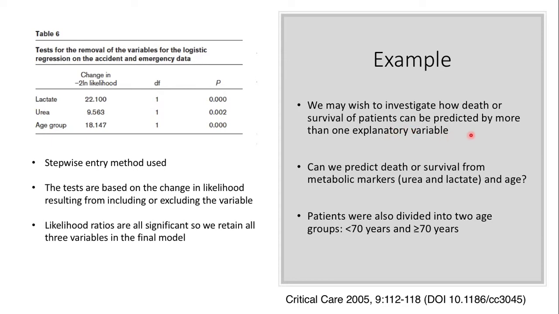It says we may wish to investigate how death or survival of patients can be predicted by more than one explanatory or predictor variable. Then they ask the further question: can we predict death with these metabolic markers, urea and lactate, and with age? They categorized age as less than 70 or greater than 70.